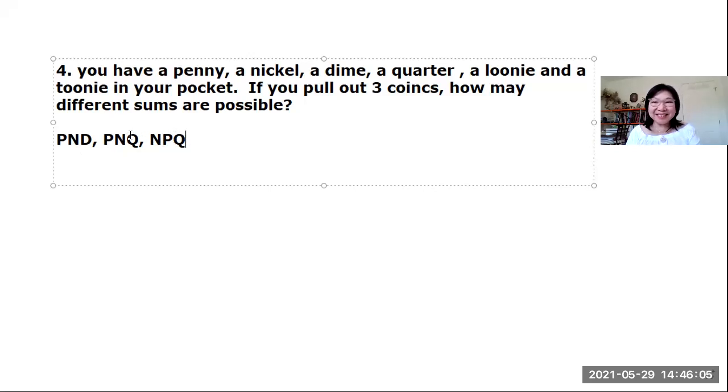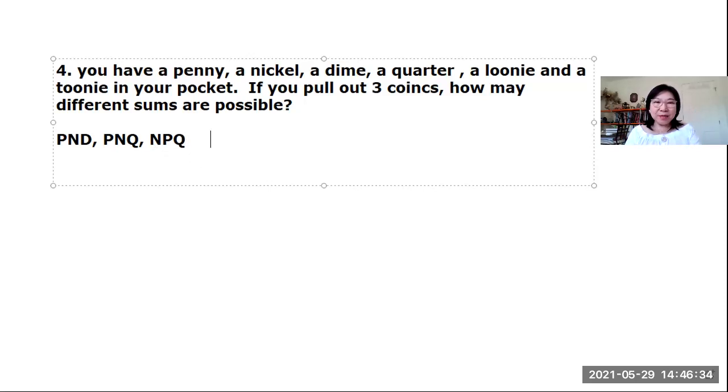The sum is still the same. 1 penny with 1 nickel is 6 cents. Add a quarter, 25, you have 31 cents. Regardless of the order, you have 31 cents as one sum. So this cannot be a permutation. It has to be a combination.